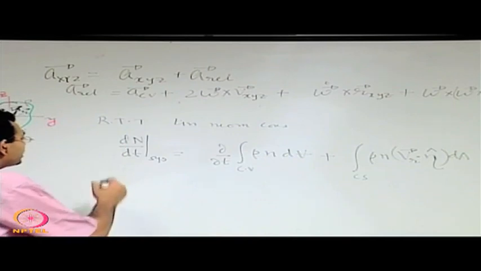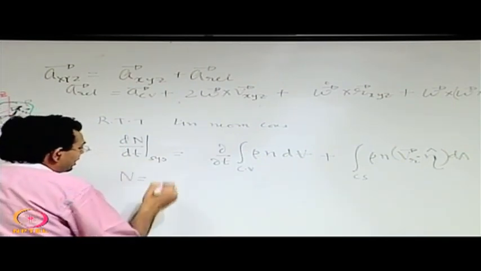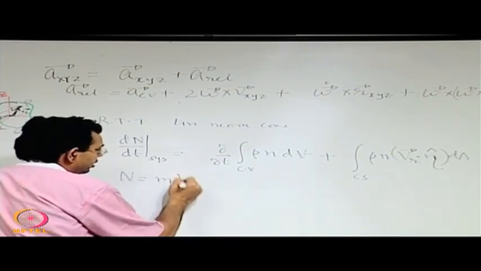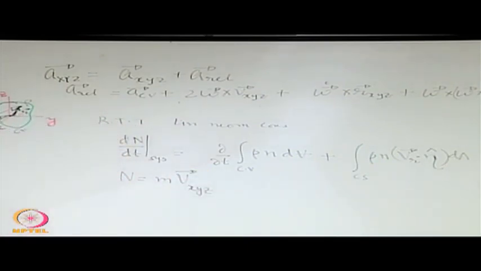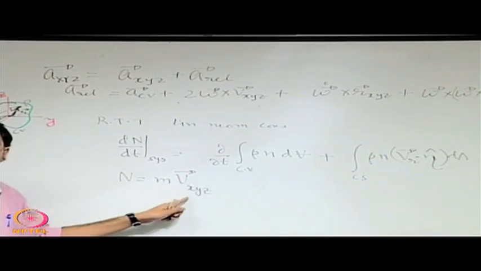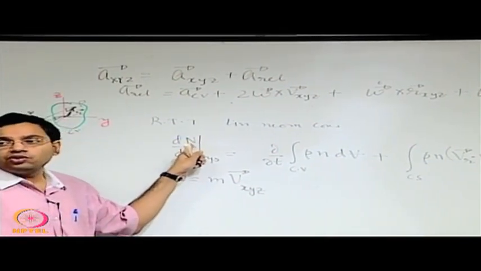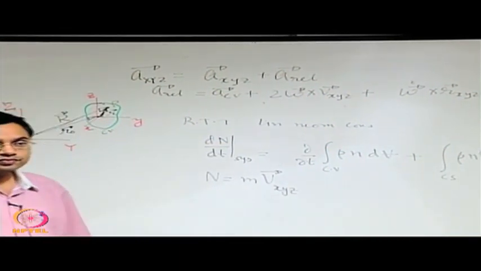So we can as well write say capital N as say m into V small xyz as an example. Nothing restricts us from doing that, because it is just some quantity that we were looking for. It may be linear momentum relative to any reference frame.